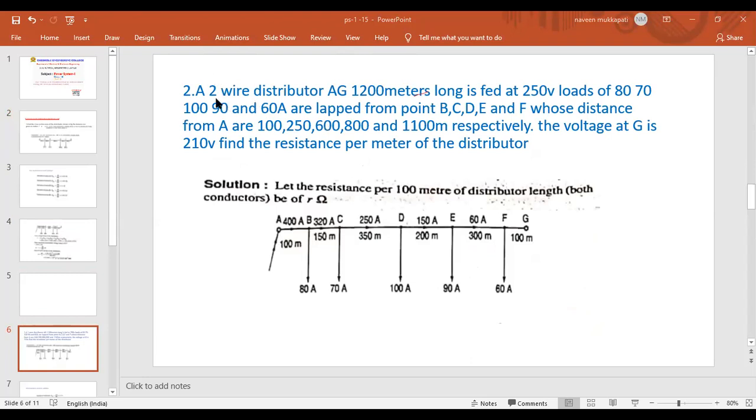Okay, this is another problem. A two-wire distributor AG, 1200 meters long, is fed at 250 volts.